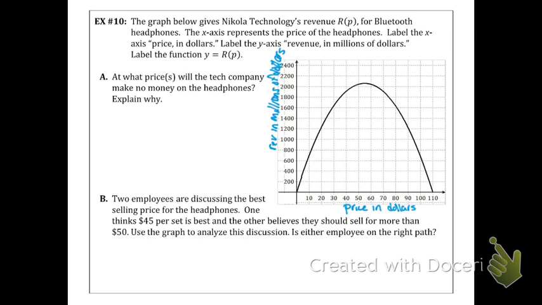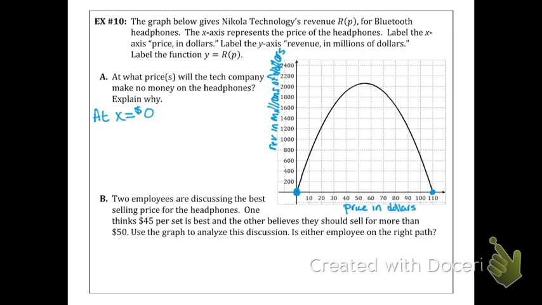All right, A says, at what price will the tech company make no money on the headphones? That means they have 0 revenue. So right there and right there. So at what price? And then explain. So one of them is at X equals $0.